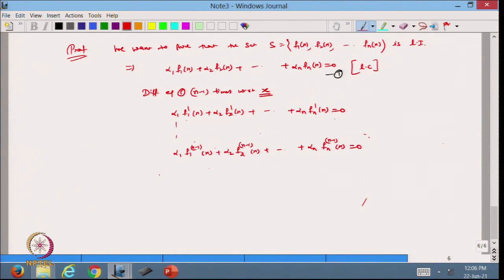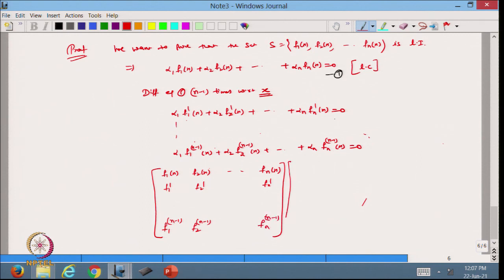So, from here I can write this system with rows f1(x), f2(x), ..., fn(x); f1 dash, f2 dash, ..., fn dash; down to f1 n minus 1 derivative, f2 n minus 1 derivative, ..., fn n minus 1 derivative, multiplied by the vector alpha 1, alpha 2, ..., alpha n, equal to 0, 0, ..., 0.